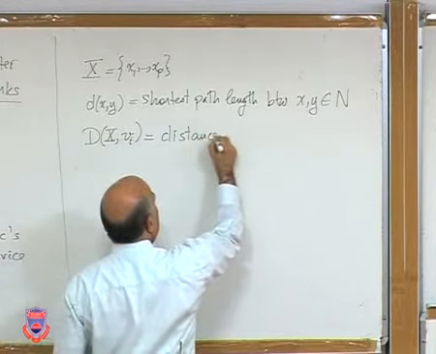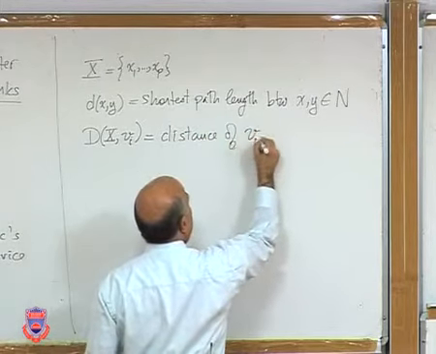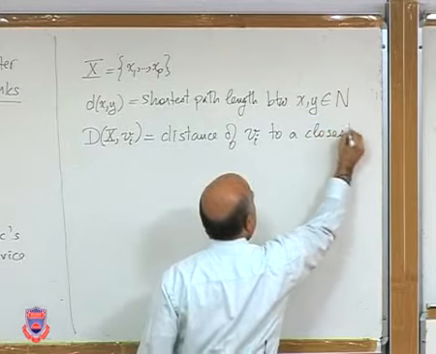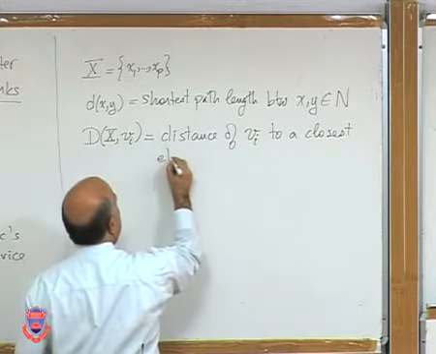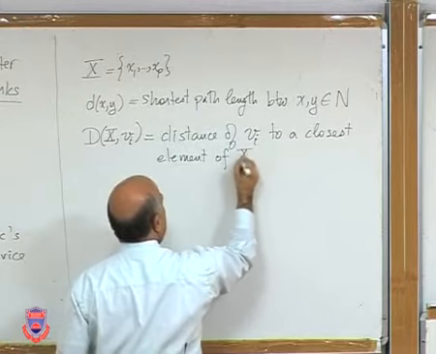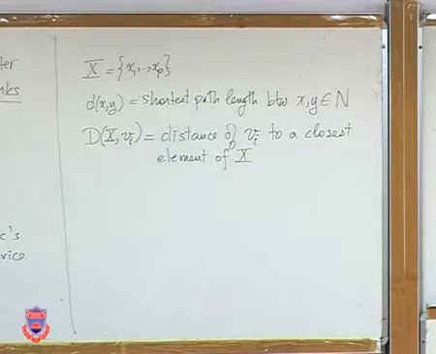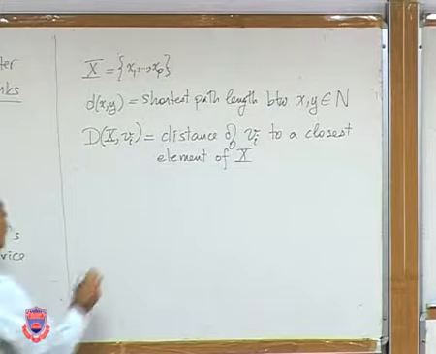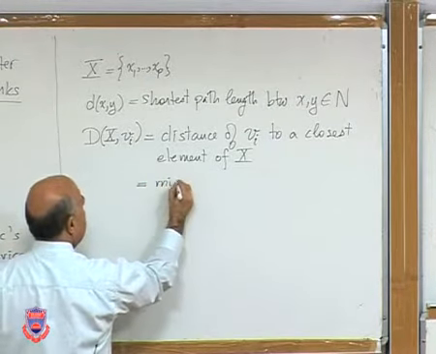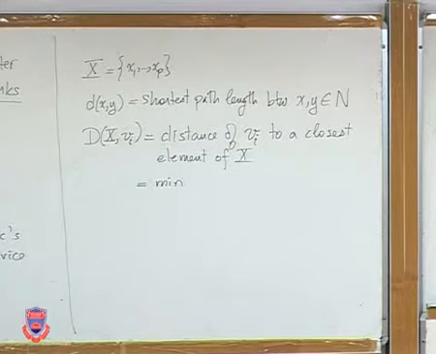Distance of vertex v_i to a closest element of X. Now, when X is given, of course, this simply becomes the minimum of P numbers.